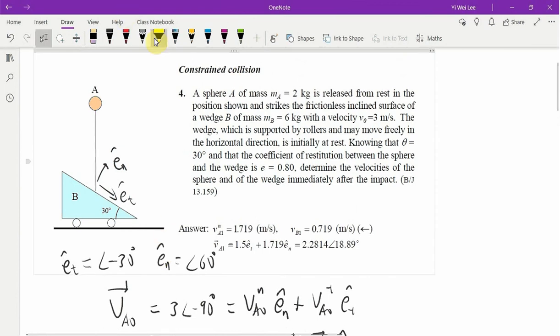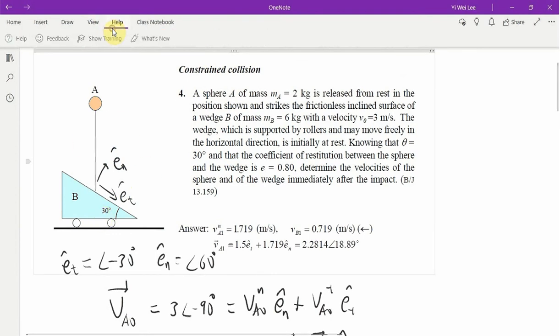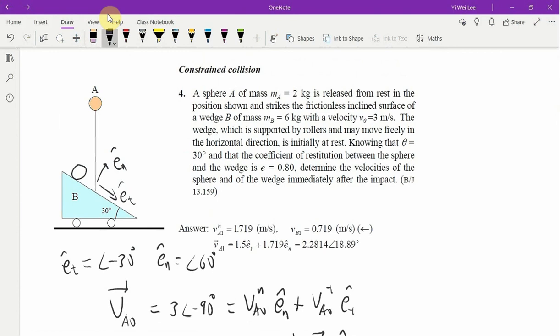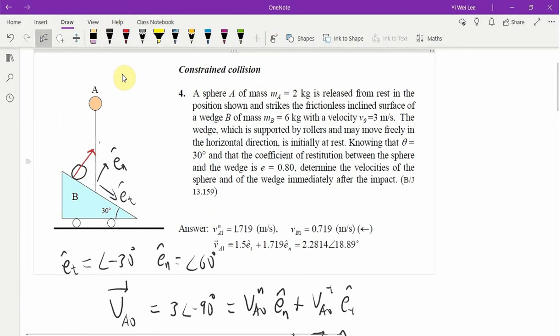So in this case, when A actually reaches here, there's only one force acting on A, right? Which is the collision force.